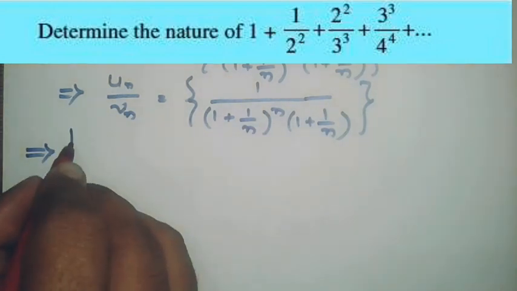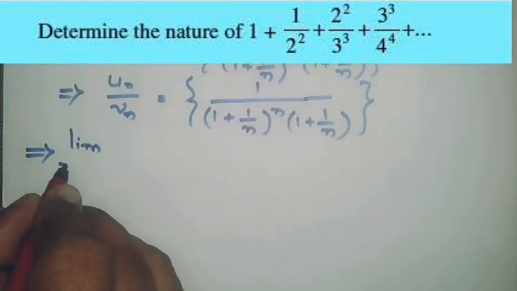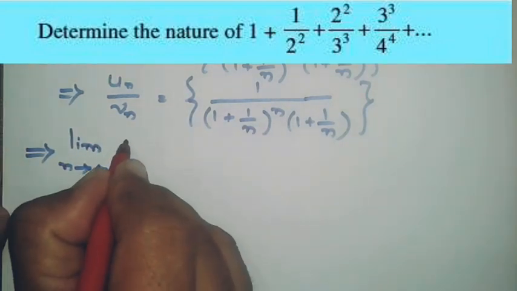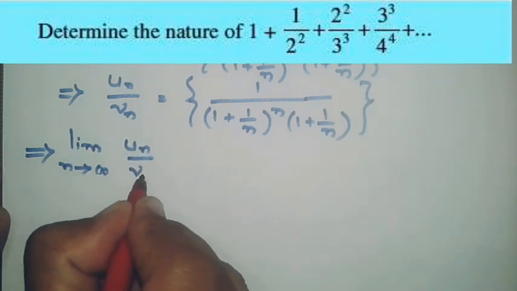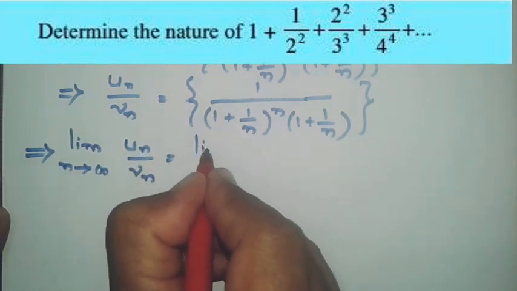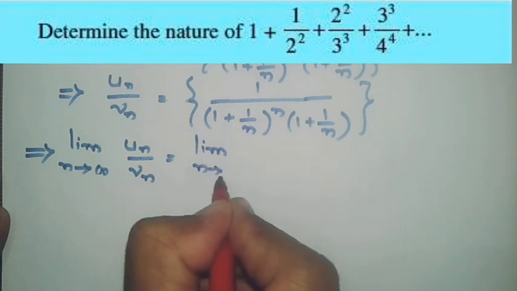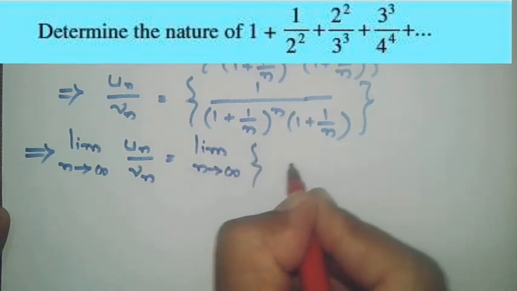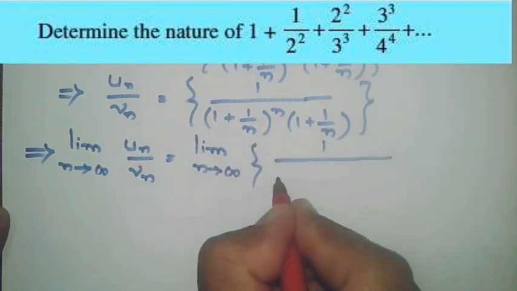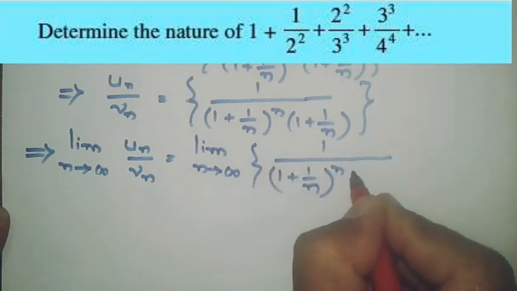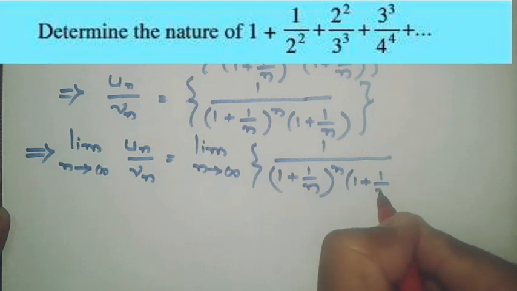We have to take the limit on both sides as n tending towards infinity of un divided by vn, and here also the limit as n tending towards infinity of the RHS, 1 divided by (1 plus 1 by n) whole to the power of n, and here it is 1 plus 1 by n.